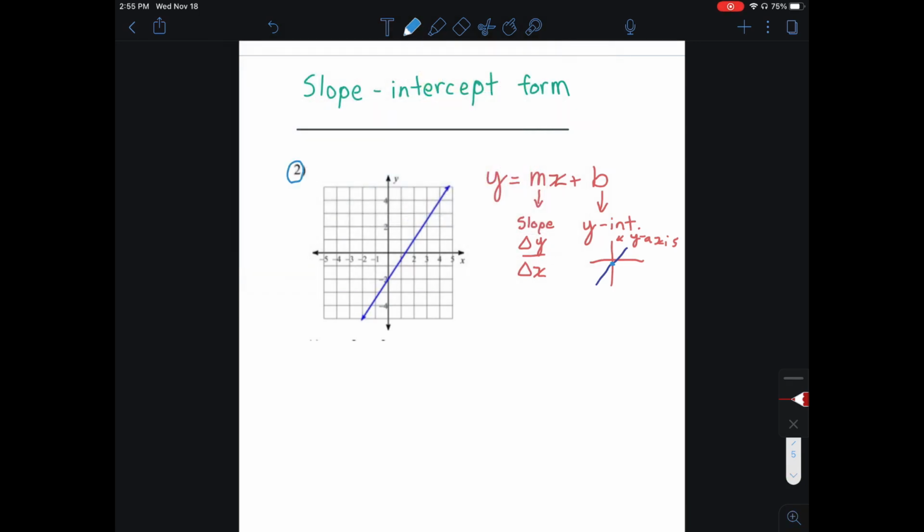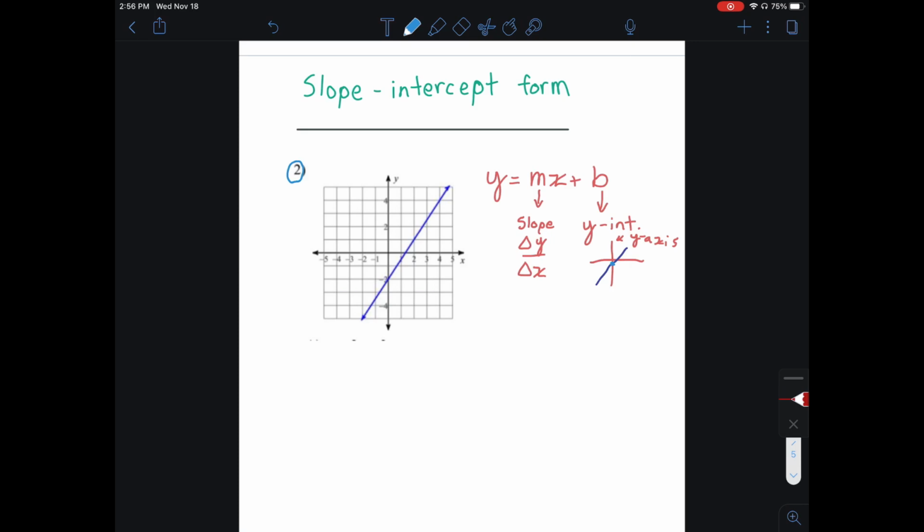So it wants us to find the slope-intercept form of this graph right here. We can see that it is not straight horizontal or straight vertical, meaning it will not be undefined and it will not have a slope of 0.